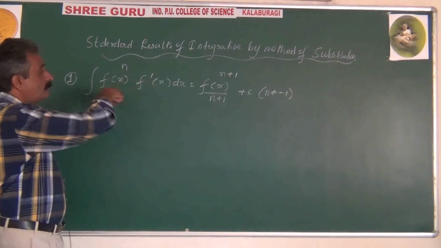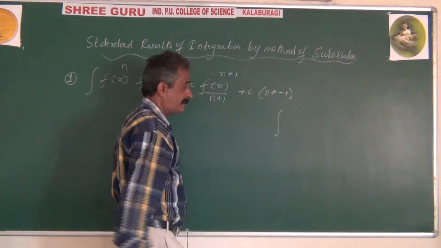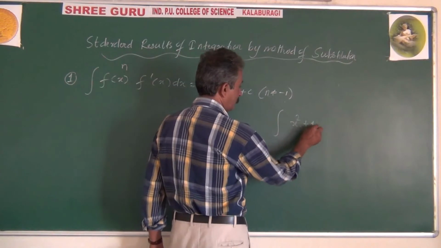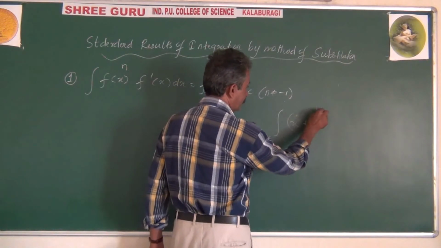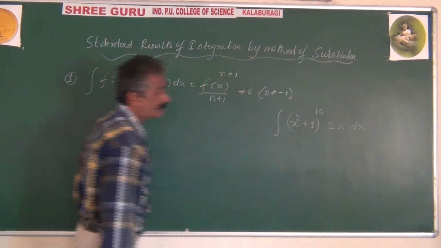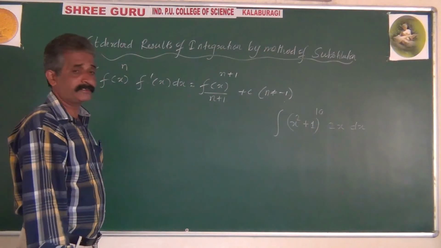Now let us see how this formula will be used. For instance, suppose we have integration of x square plus 1 whole to the power of 10 into 2x dx.